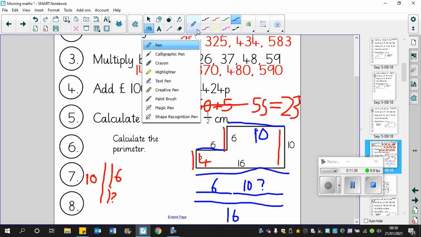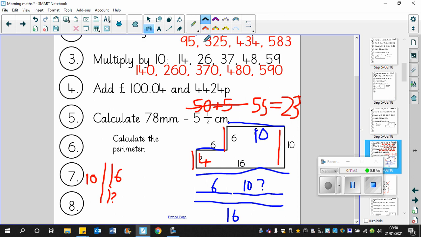Right, let's do this one. Okay, so we'll start there in that corner with the smiley face. So we go up 4, and then we go along 6. So 4 add 6 is 10, and then we go up another 6. So 10 add 6 is 16. 16 add 10 to get to this point here is 26.